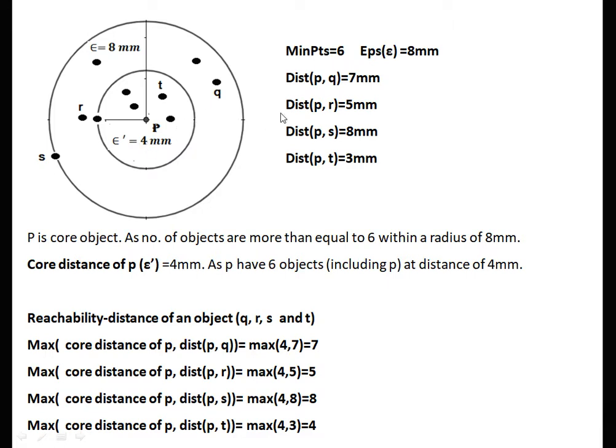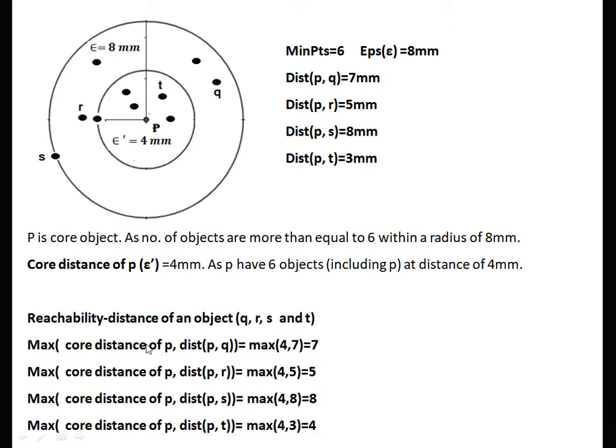Now we need to calculate the reachability distance. For this we consider 4 points: Q, R, S and T. They are at a distance of 7, 5, 8 and 3 mm respectively. What is the formula for the reachability distance?